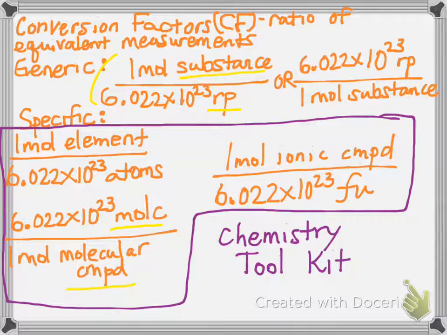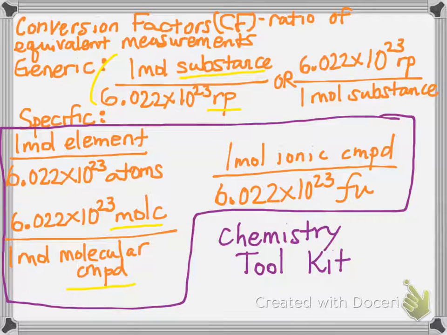So the idea with this chemistry toolkit is the same idea as if you were building something and you had never built anything before, right? If you had a hammer, a Phillips screwdriver, a Phillips head screw, and a nail, my guess is that by looking at the Phillips screw, you could figure out that the tool you needed to use was the Phillips head screwdriver.